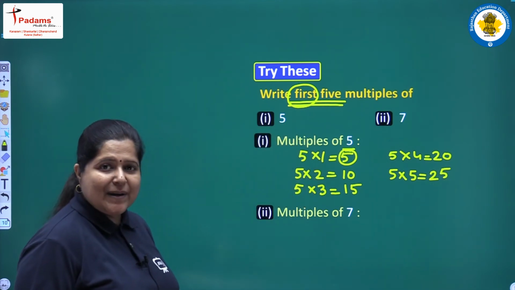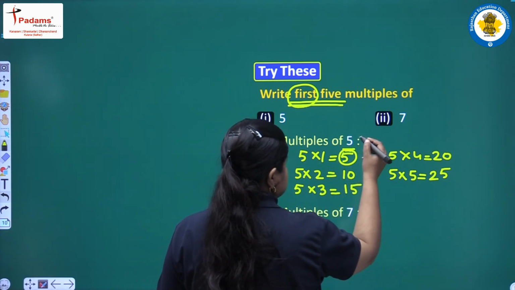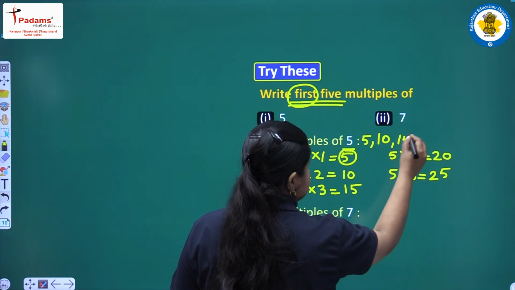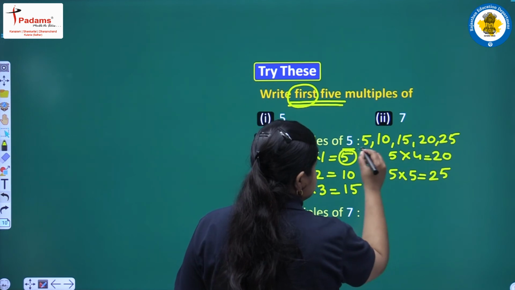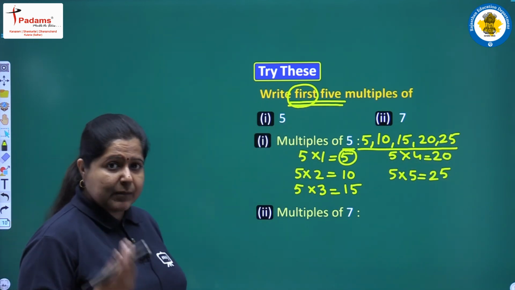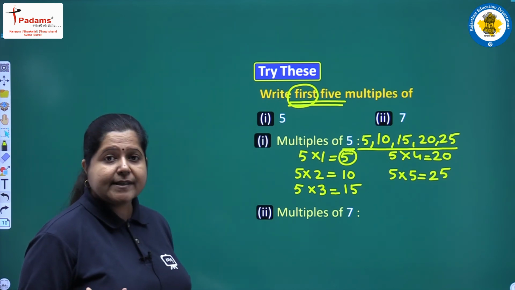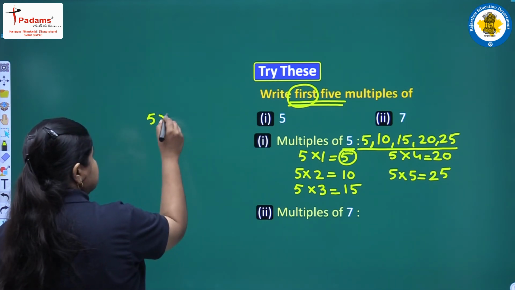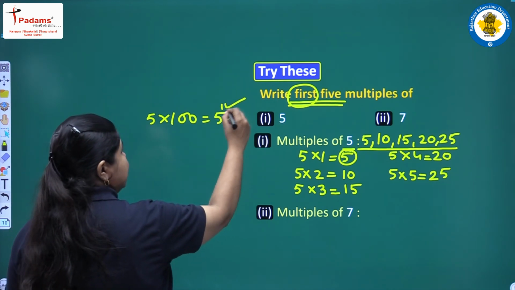It is nothing else but the table of 5, you can see. So, the first 5 multiples are 5, 10, 15, 20 and 25. These are the first 5 multiples of 5. There are other multiples also. You can say 5 sevens are 35, 5 tens are 50, 5 hundreds are 500. Taking bigger numbers, it is also a multiple of 5.